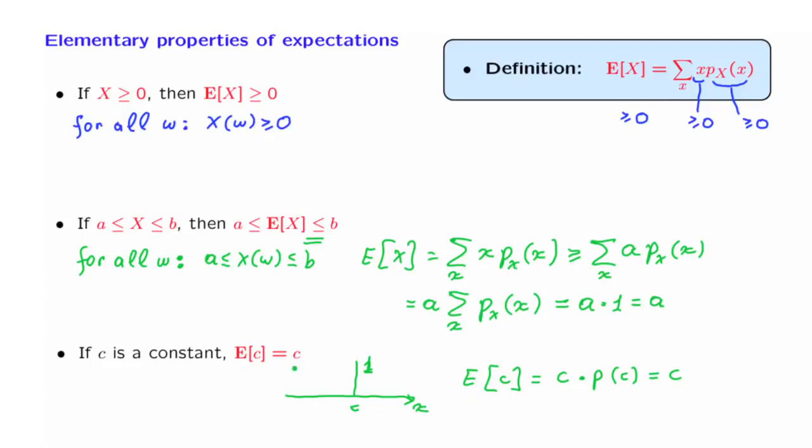So this equality makes sense, of course, as long as you understand that a constant can also be viewed as a random variable of a very degenerate type. Now, intuitively, of course, it's certainly clear what this is saying, that if a certain quantity is always equal to c, then on the average, it will also be equal to c.